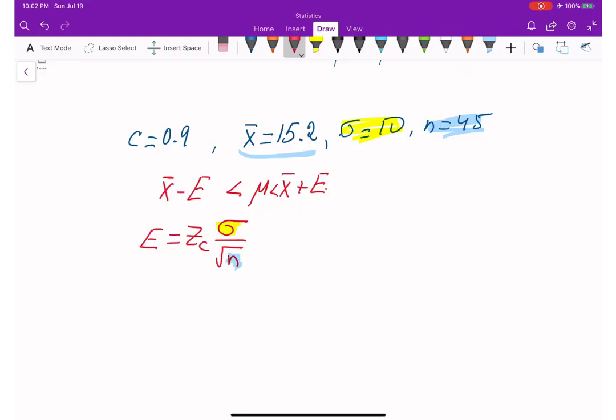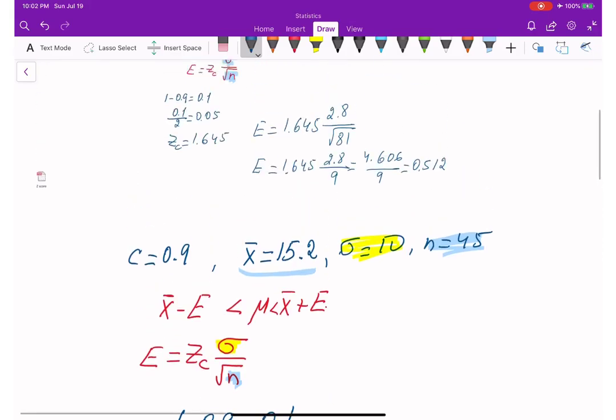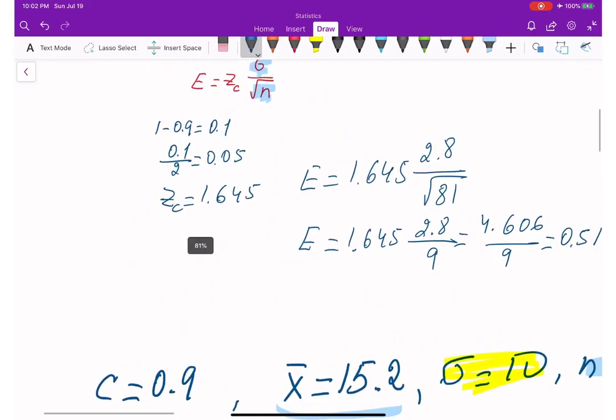Let's do it. To find z critical, we have c equal 0.9, so 1 minus 0.9 is equal 0.1. From here 0.1 divided by 2 is going to be equal 0.05. Back again, we had here 0.05, right? Here it is.